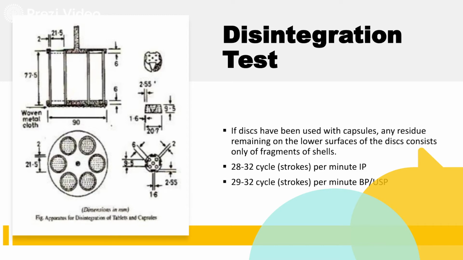So the Indian Pharmacopoeia clearly specifies that the stroke movement per minute should be within 28 to 32 cycles, whereas the BP and USP specify the limit of 29 to 32. These questions are generally asked in competitive examinations: what is the criteria as per IP for the number of strokes? That should be within 28 to 32 cycles, and as per British Pharmacopoeia or United States Pharmacopoeia, it should lie within 29 to 32 cycles.